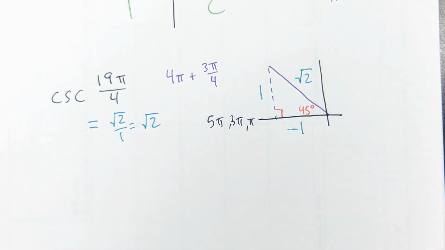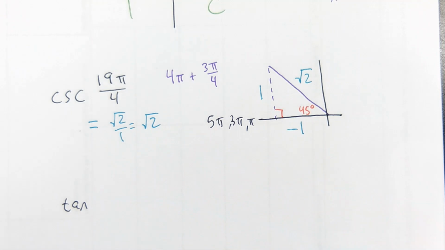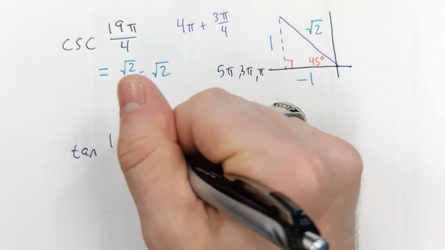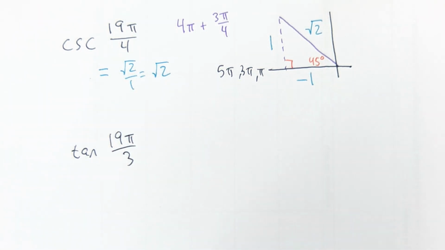How about a different one? How about, I don't know, tangent of, let's do a pi over 3. You know what? Let's do 19 pi over 3 this time. Again, I'm just a fan of using the mixed numbers.